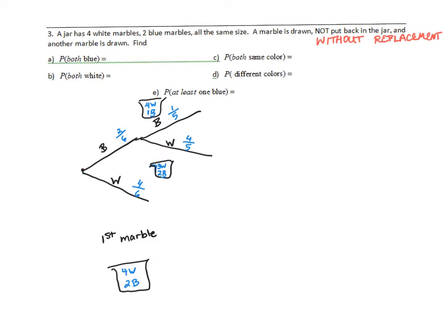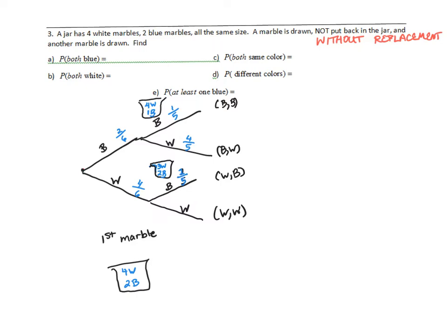So again, if the first marble was white, we could still pick a blue or a white again, and the outcome space would look the same. We would have a blue and a blue, a blue and a white, a white and a blue, and a white and a white. If the first marble was white, the probability that the second marble is blue would be 2 out of 5, because there are 2 blue marbles and 5 marbles altogether.